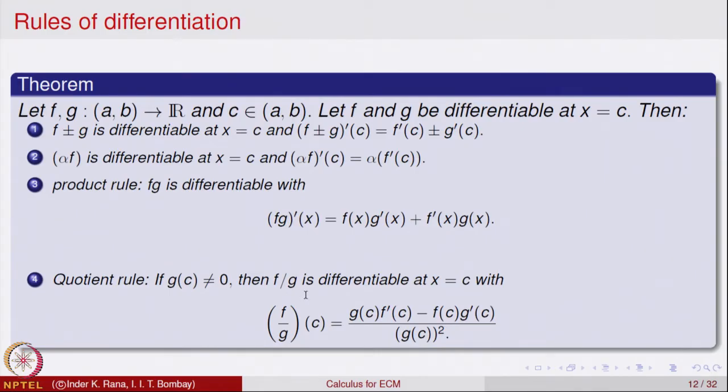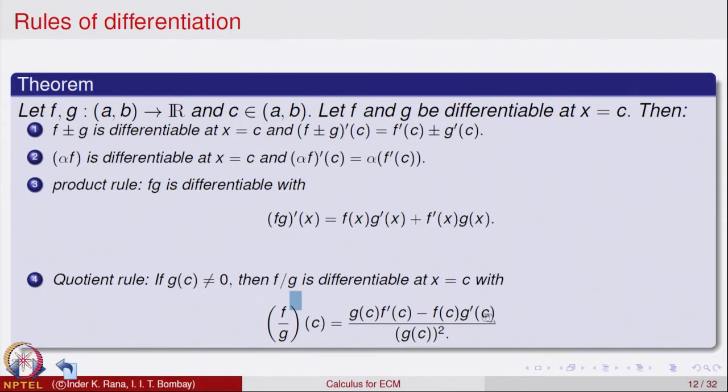So, for g(c) not equal to 0, the quotient function f over g is defined in a neighborhood of c, and if both f and g are differentiable at c, then f over g is also differentiable at x equal to c, and the derivative of f over g, there is a dash missing here, (f/g)', is given by this formula.